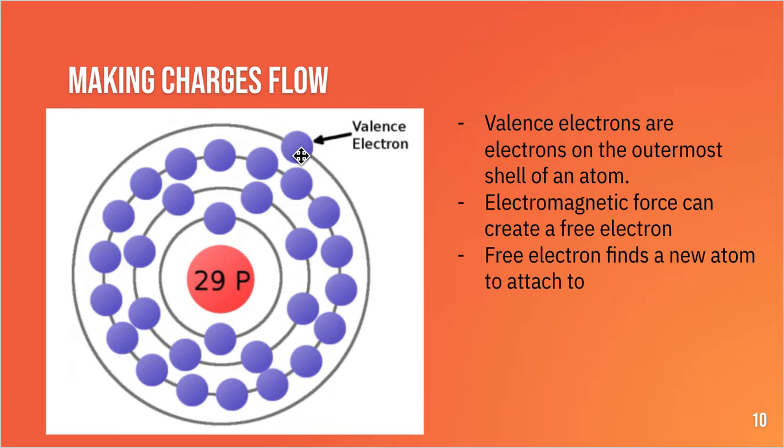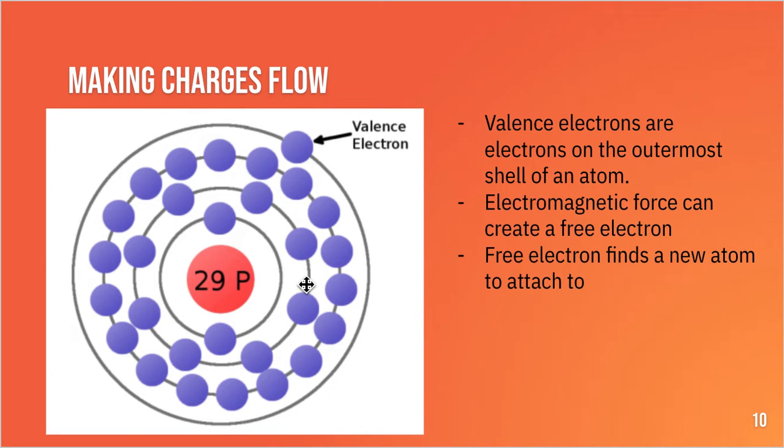Valence electrons are most likely to be transferred from one atom to another because, like I said before, they're so far away from the nucleus that they're not as attracted to the positively charged particles in the nucleus, which makes it much easier for the valence electrons to be removed from the atom as compared to electrons in the first shell.